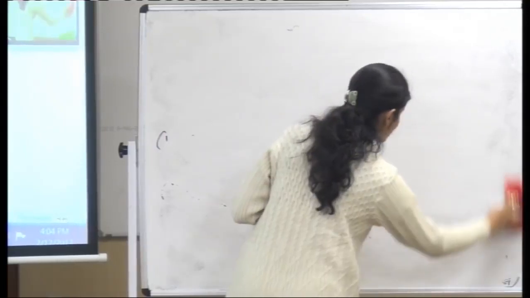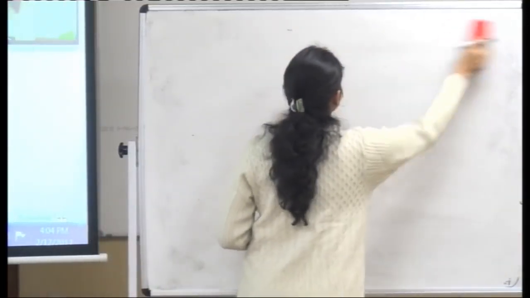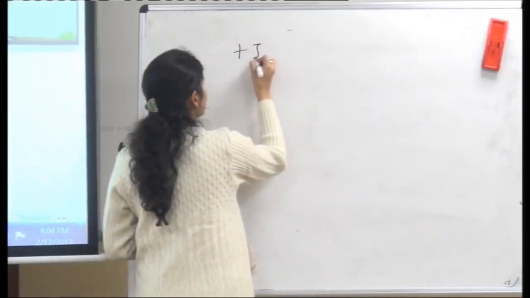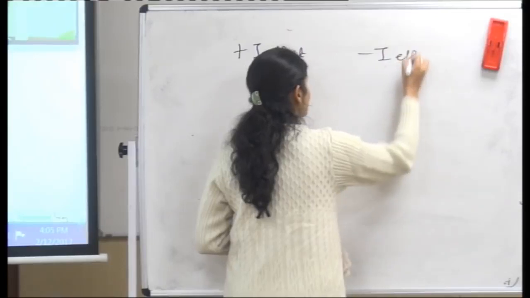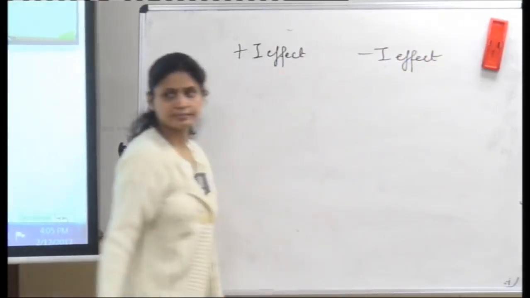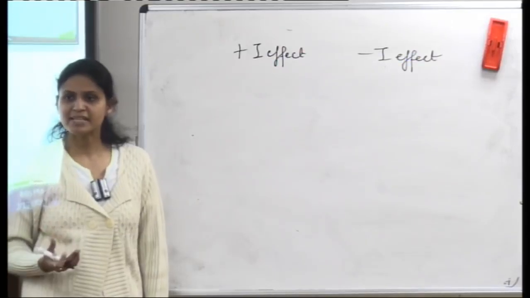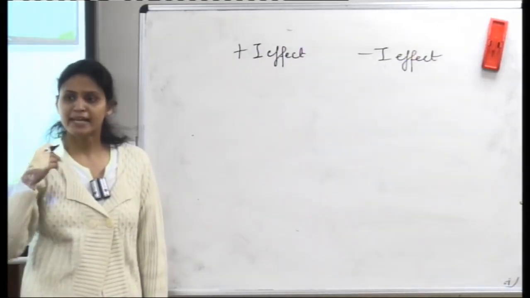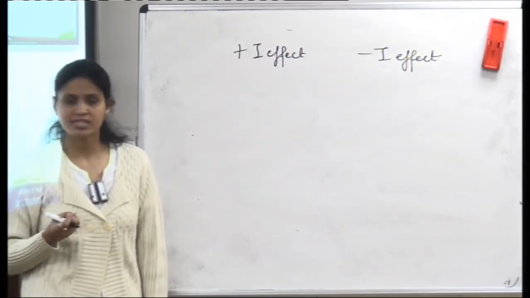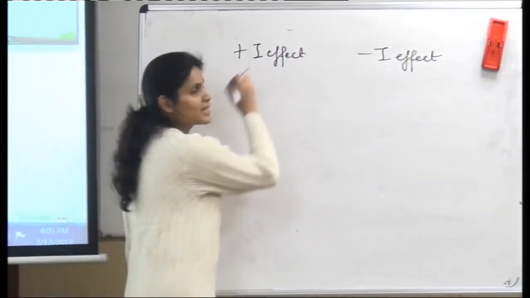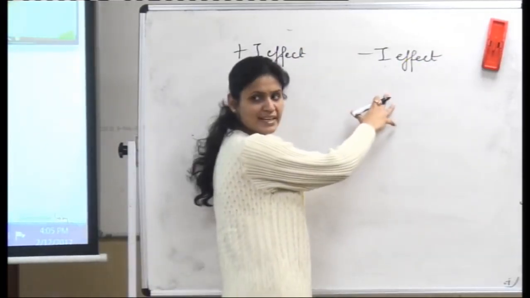You know about plus I effect and minus I effect. Basically they are inductive effects. Plus I effect means any group which enhances the electron density towards it, while the other will show, vice versa, minus I effect.